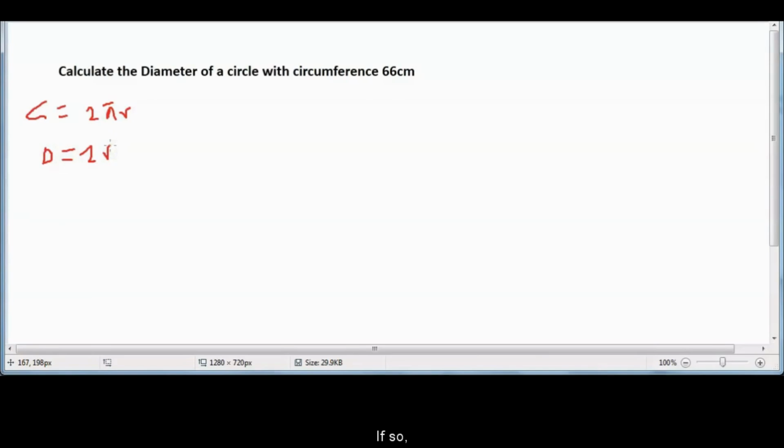If so, then the above formula can be rewritten as C is equals to D times pi. D has been used to replace 2 and r, because D is equals to 2r. The new formula now is C equals to D multiplied by pi.